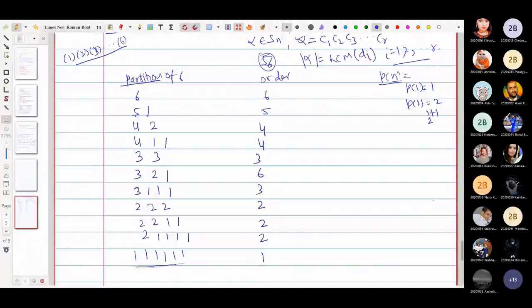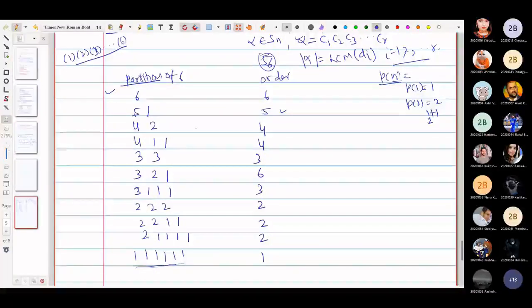So you can see that if we have a cycle of this form, the order will be 6. If we have a permutation in which we have one 5 cycle and one single cycle, the order in that case is 5.